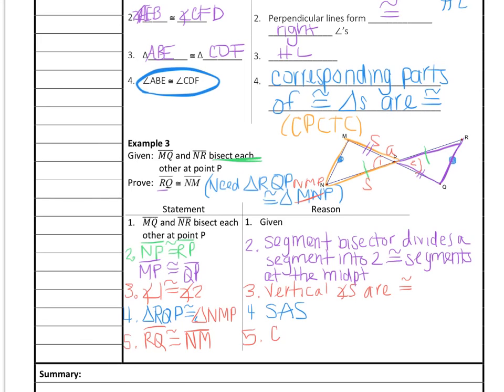These are corresponding sides, so we're going to say corresponding parts of congruent triangles are congruent.